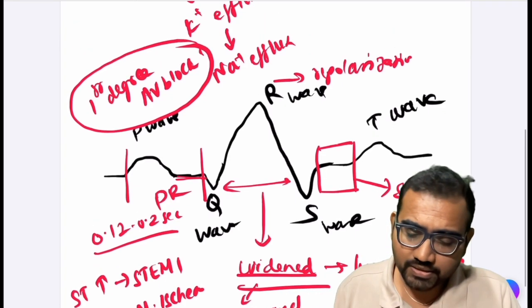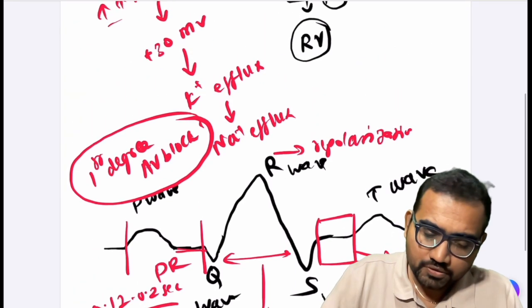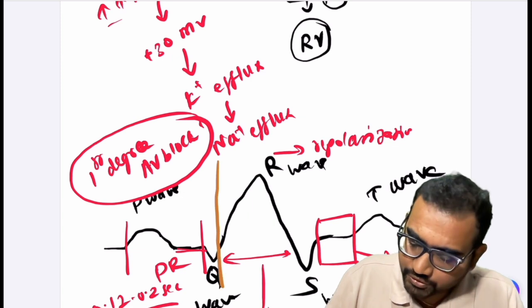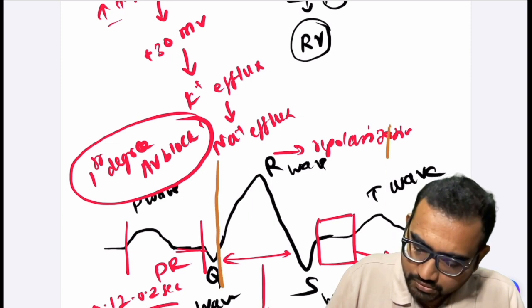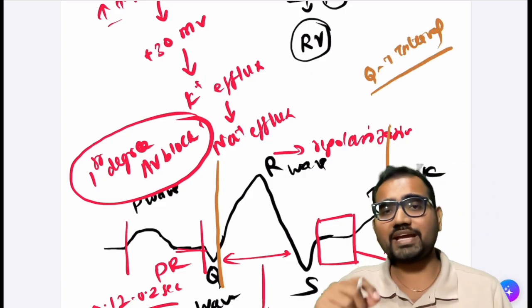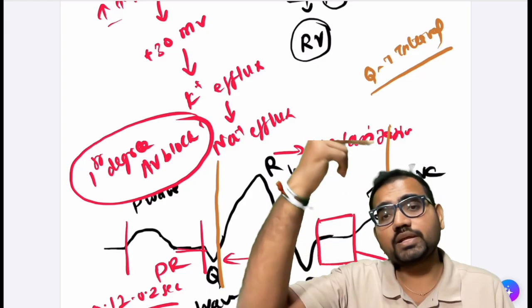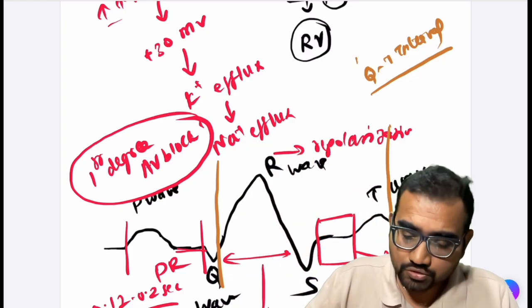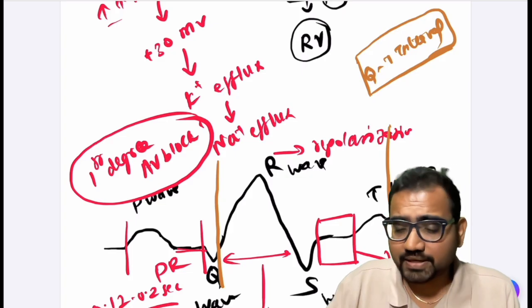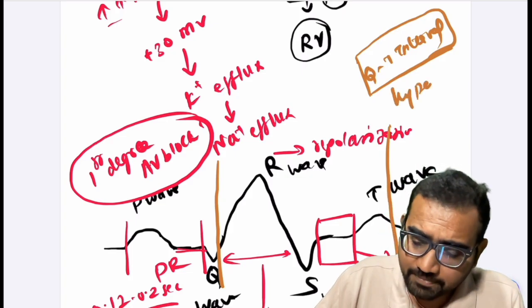There is another interval called the QT interval. The QT interval is from the beginning of the Q to the end of the T. So it talks about the entire ventricular depolarization and repolarization. If the QT interval is very short, that means the patient has hypercalcemia.